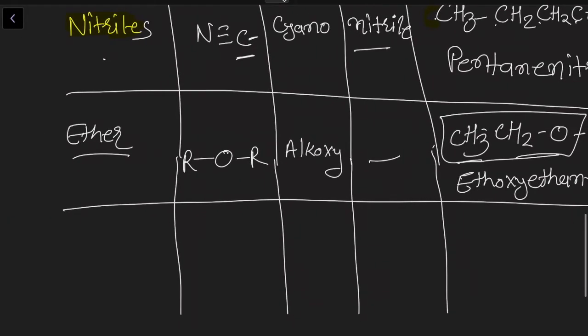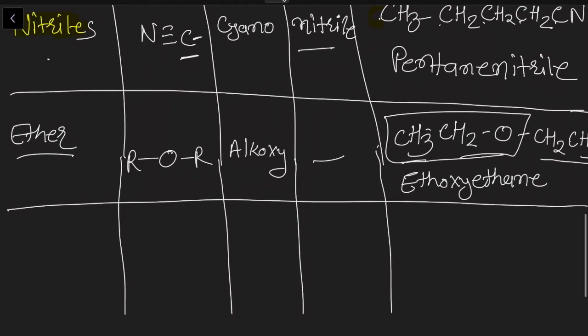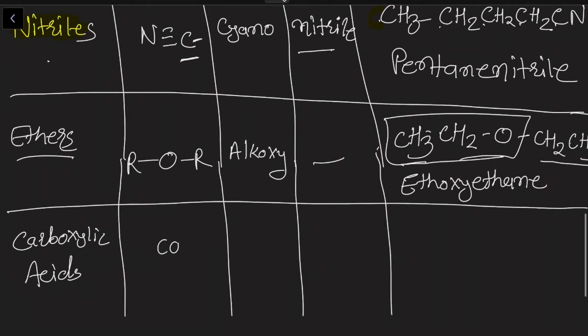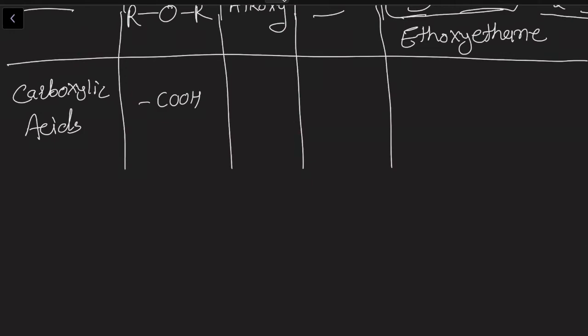Next group we shall learn is carboxylic acid. Carboxylic acids. And the carboxylic acid is C double bond O, and then OH. That's how it gets represented.